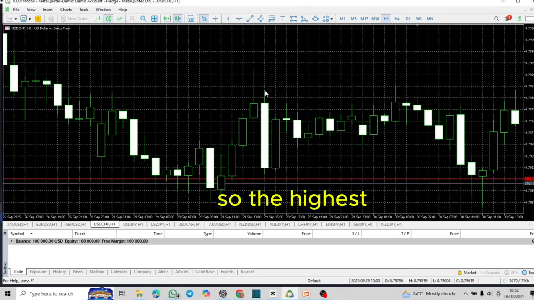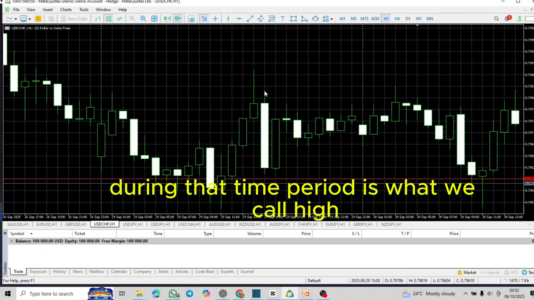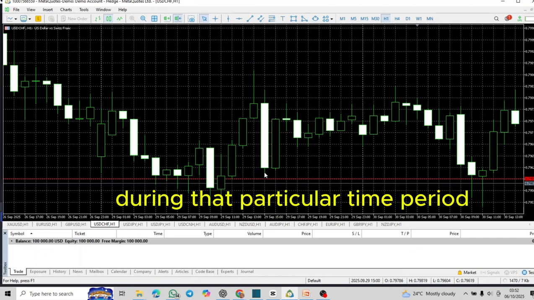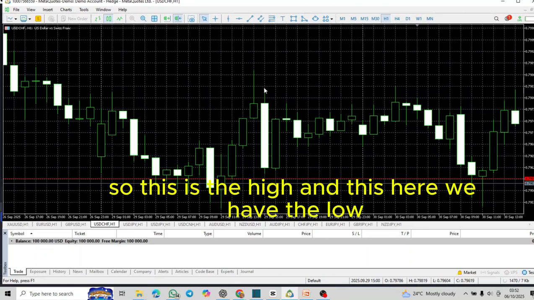The highest price attained by the market during that time period is what we call high. And the lowest price attained by the market during that particular time period is what is called low. So this is the high, and here we have the low.